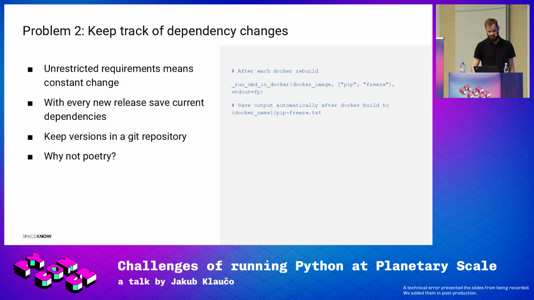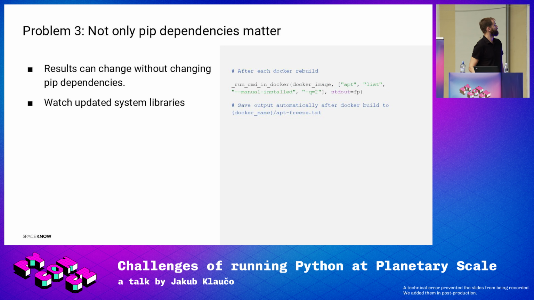And there's another reason, because there are some things that are outside the scope of Poetry that can break your workflow. So not only pip dependencies matter. Now you have updated your Docker file, and you can check that no pip dependency changed, but your output has changed. How is that possible? Another possible issue is that some of the system libraries of the Docker image changed.